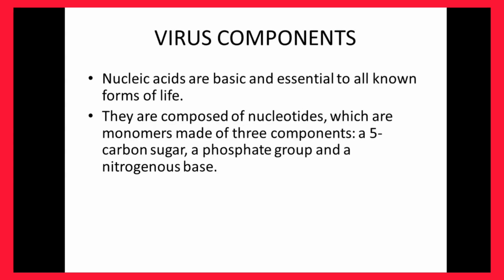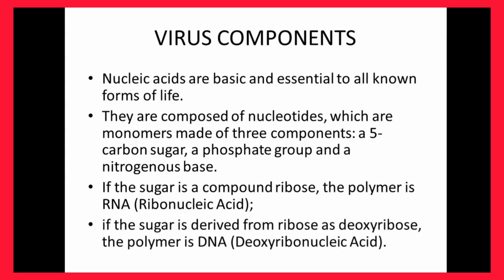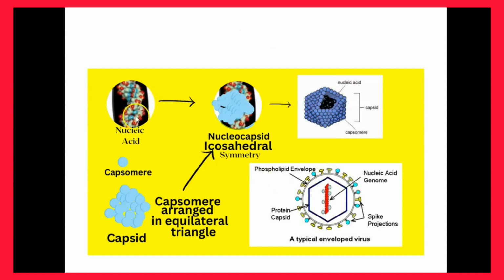They are composed of nucleotides, which are monomers made of three components: a 5-carbon sugar, a phosphate group, and a nitrogenous group. If the sugar is ribose, the polymer is called RNA, and if it is deoxyribose, the polymer is deoxyribonucleic acid, DNA.